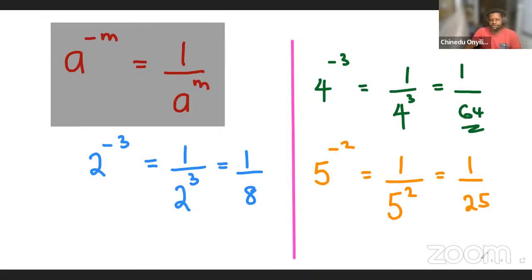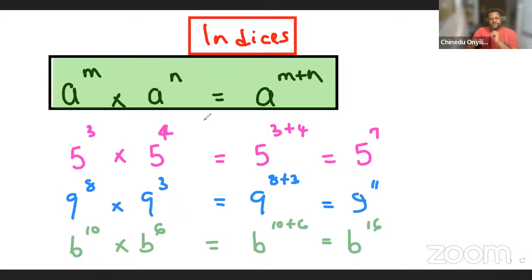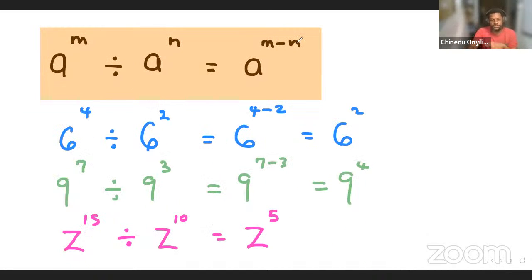So in retrospect, let's back up and see some of the rules that we have looked at in the past few minutes. We looked at the first rule: when you have the same base multiplying with different powers, you simply take one of the base and add the powers. The second one, when you're dividing, you subtract the powers.